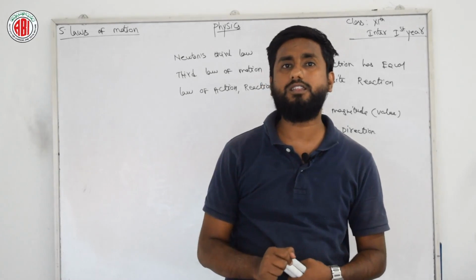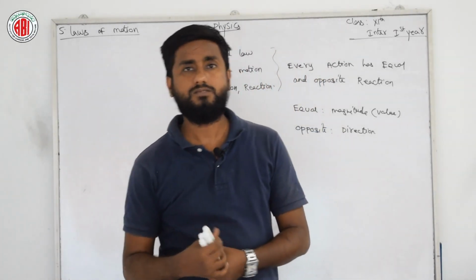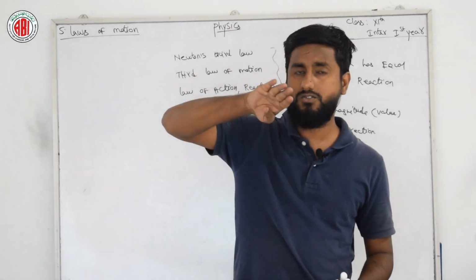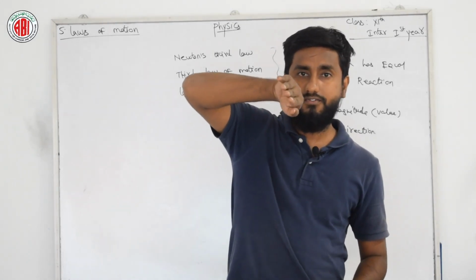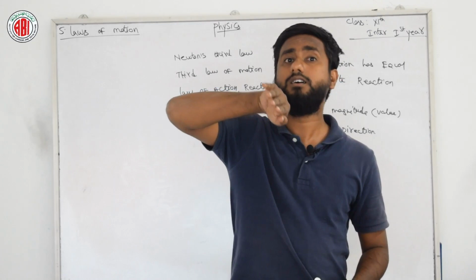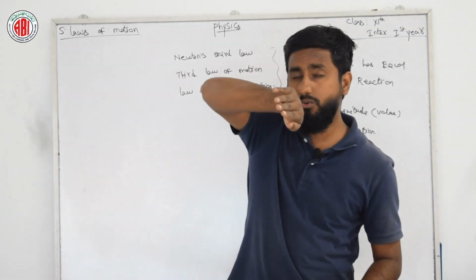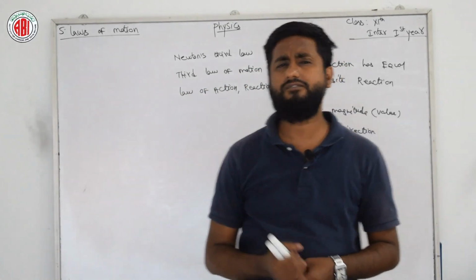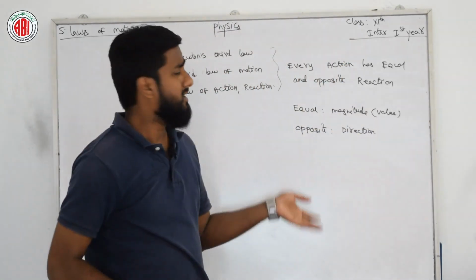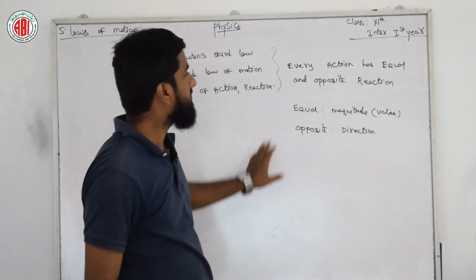Same case for Newton's third law. If we are rowing a boat and dragging the water backward, our boat goes forward. We have a lot of examples related to Newton's third law, but you need to remember this thing.